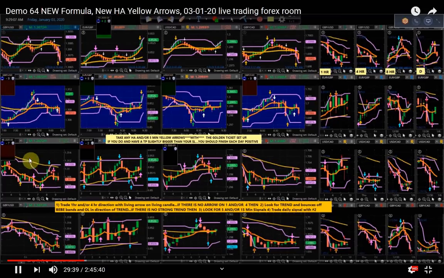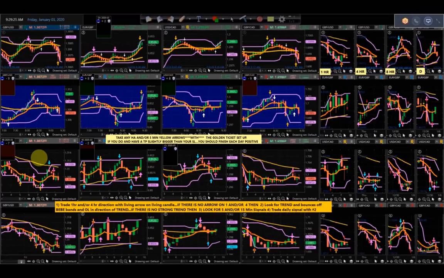I'll let this run just so you can see if these two momentum boxes go quiet. All right. We are looking for up here, by the way, guys. So green momentum.